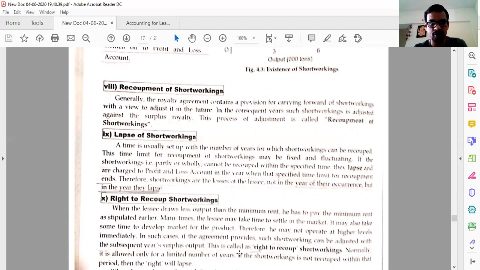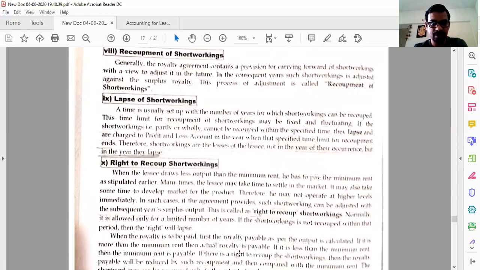Now, lapse of short workings. A time limit is usually set, with the number of years for which short workings can be recovered. This time limit for recoupment of short workings may be fixed or fluctuating. If the short working cannot be recovered, partly or wholly, within the specified time, it lapses and is charged to profit and loss account in the year when that specified time limit for the recoupment ends.